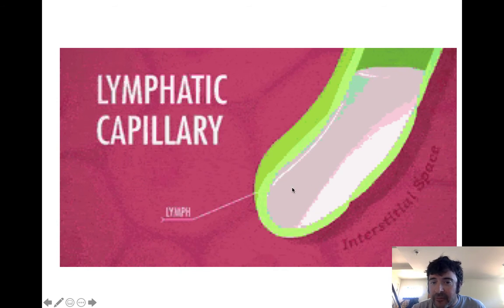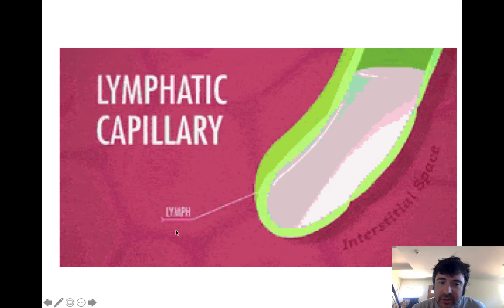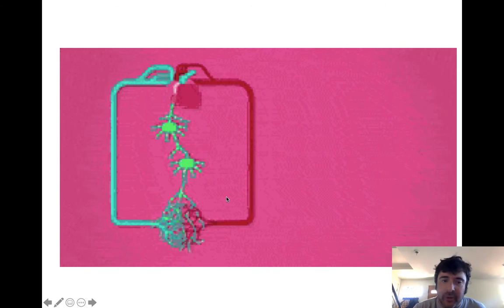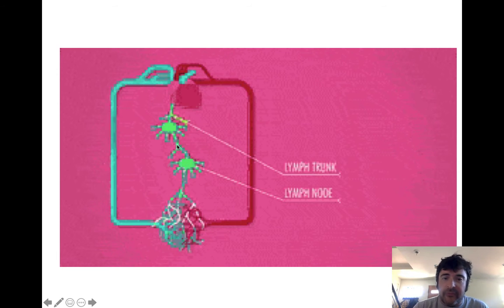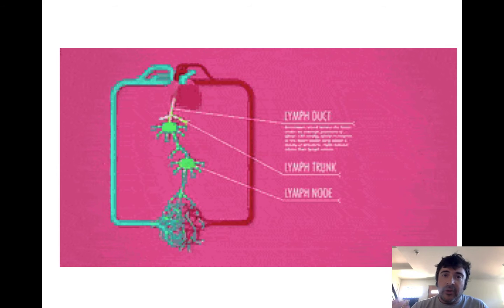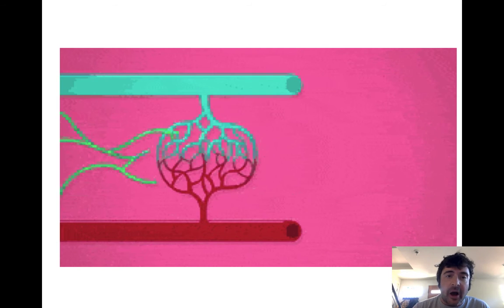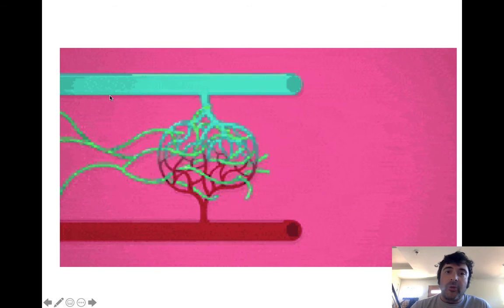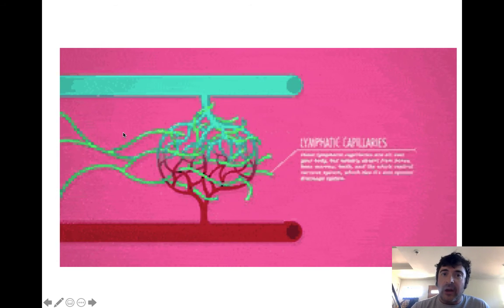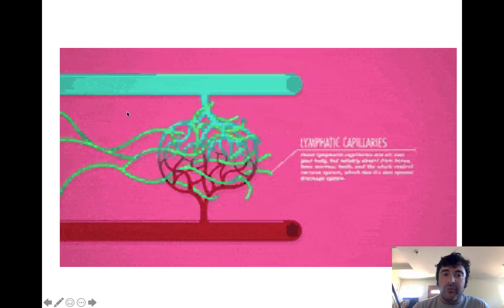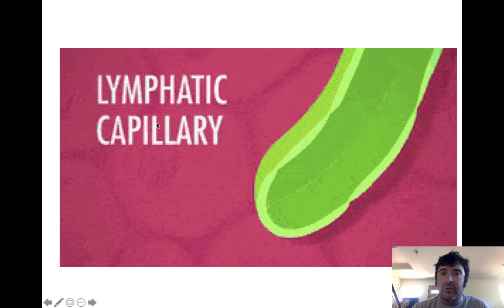The moment that fluid enters into the lymphatic system, it's no longer called interstitial fluid, it's called lymph. Lymph then circulates through lymph nodes. Those lymph nodes filter that lymphatic fluid, so they filter for things like pathogens and toxins. From the lymph nodes, we get to lymphatic trunks, from lymphatic trunks to lymphatic duct, from lymphatic duct back to the cardiovascular system.